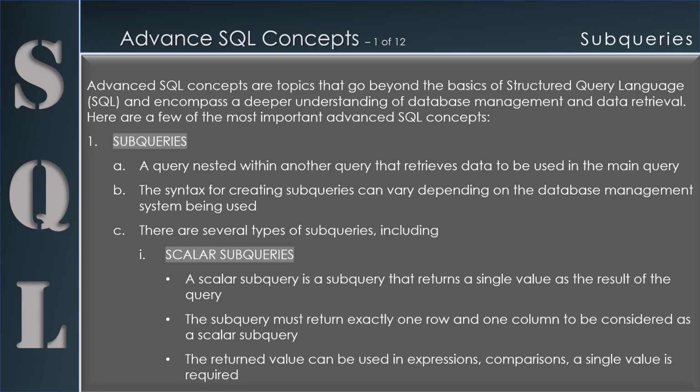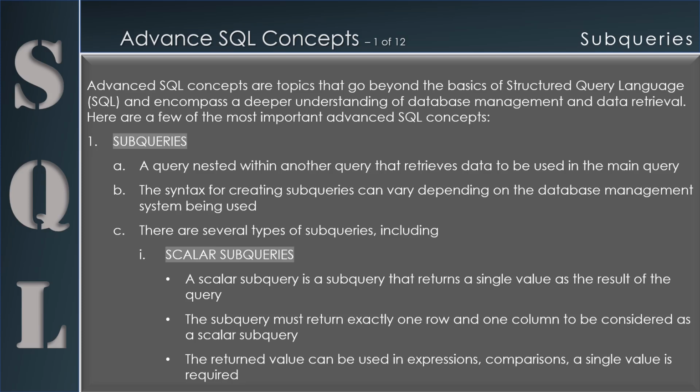So I would like to talk about subqueries. A subquery is a query which is nested within another query, and it retrieves data to be used in the main query. The syntax for writing subqueries can vary depending on your business needs and the data management system being used.